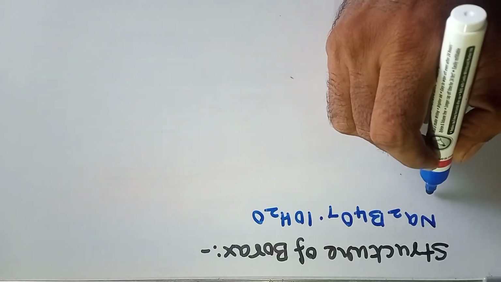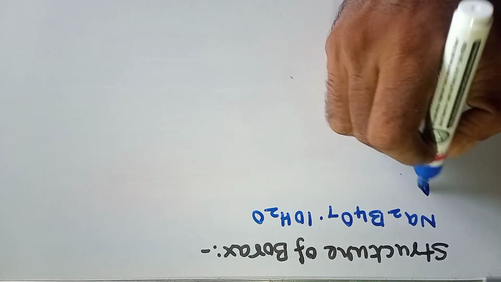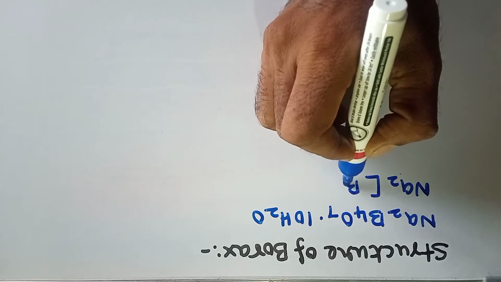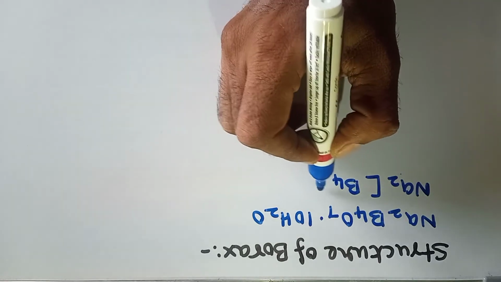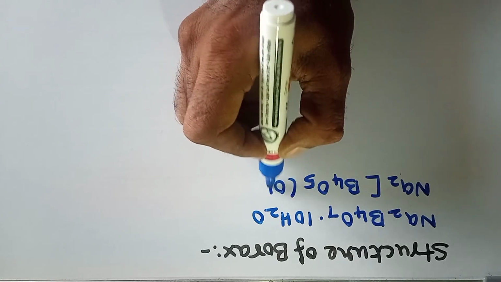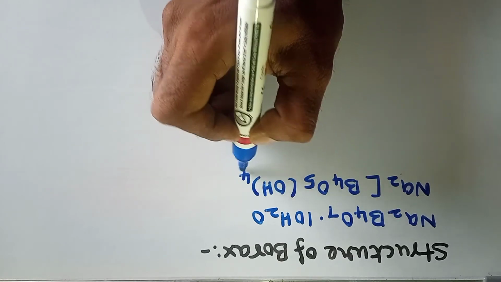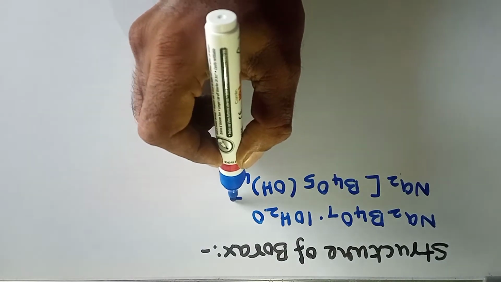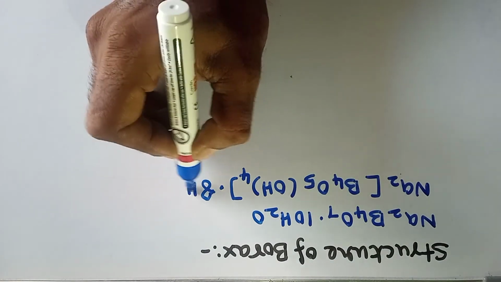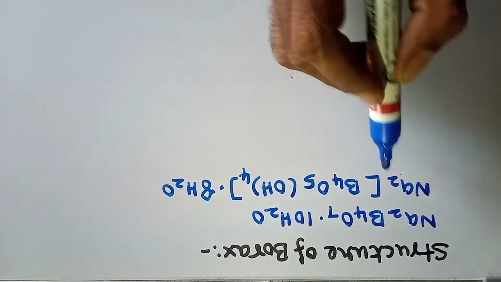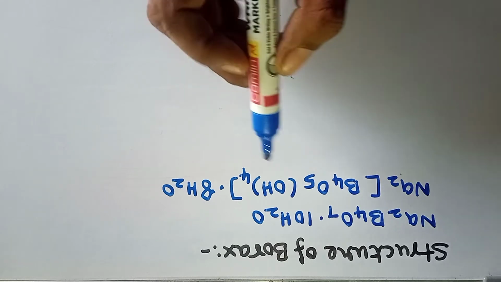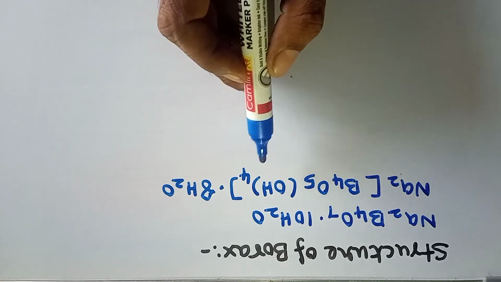Another form is Na2B4O5(OH)4·8H2O. So this is another form of the formula for borax.